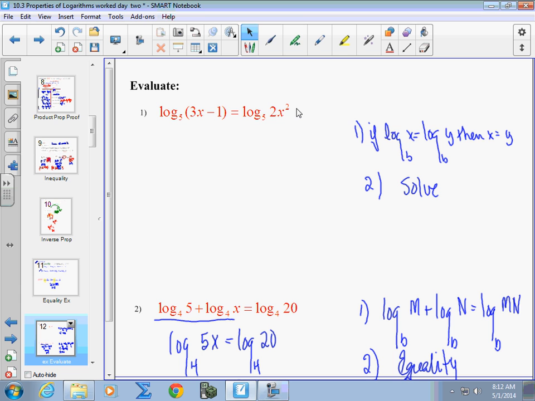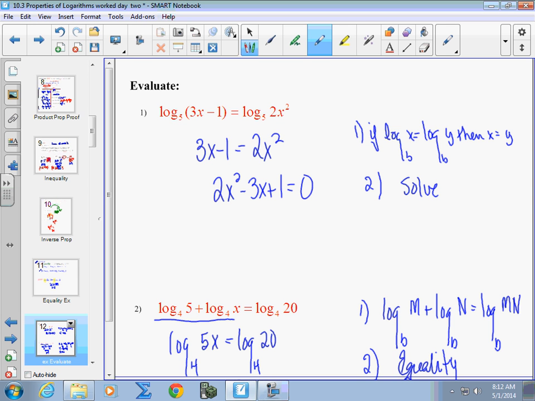All right. So the equality property says they are equal. So we have 3x minus 1 is equal to 2x squared. So we have 2x squared minus 3x plus 1 is equal to 0. It is a quadratic equation. You can factor it. So if you're looking for the factors of 2 that multiply together to give you 2 and add together to give you negative 3, so negative 2 and negative 1.